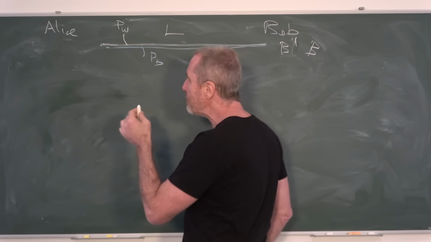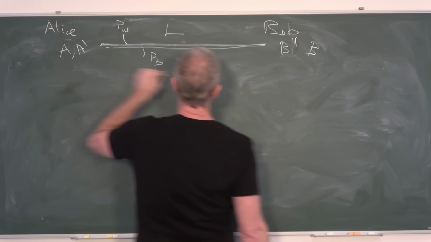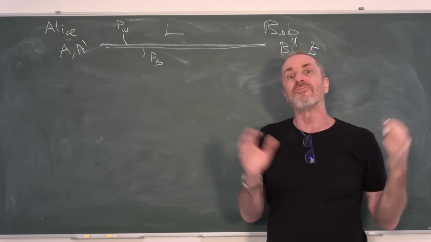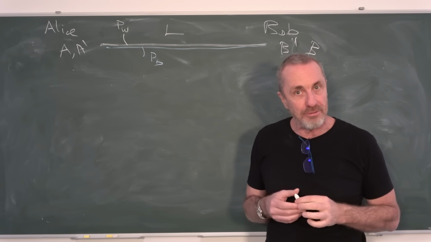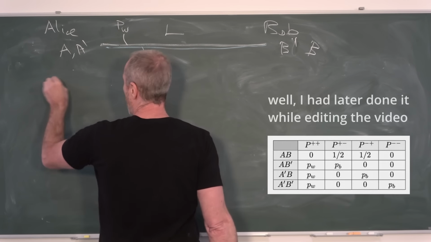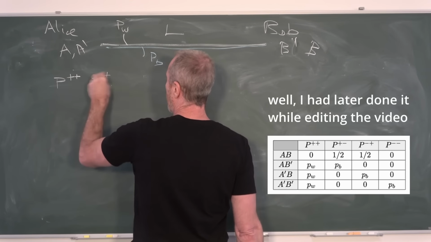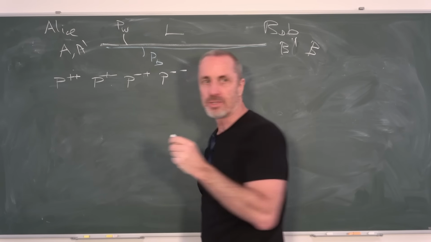So let me go back for a moment to the previous model, and let me give you the different joint probabilities, which I didn't describe before explicitly. So let me write here P++ for the correlation, P plus minus, P minus plus, and P minus minus.